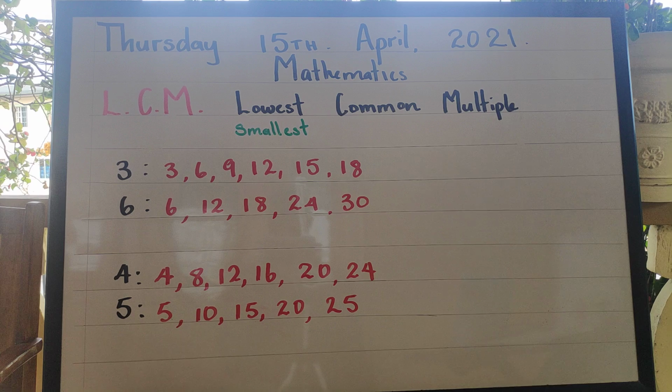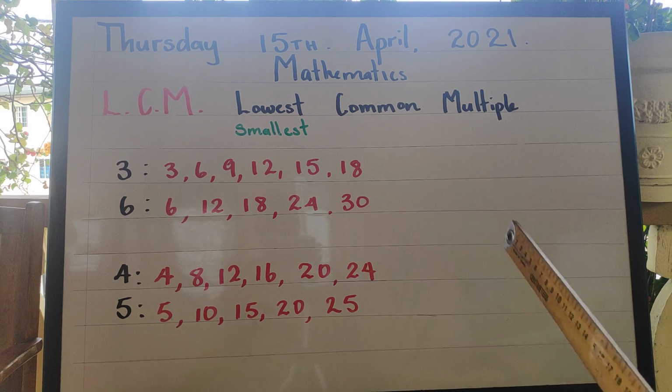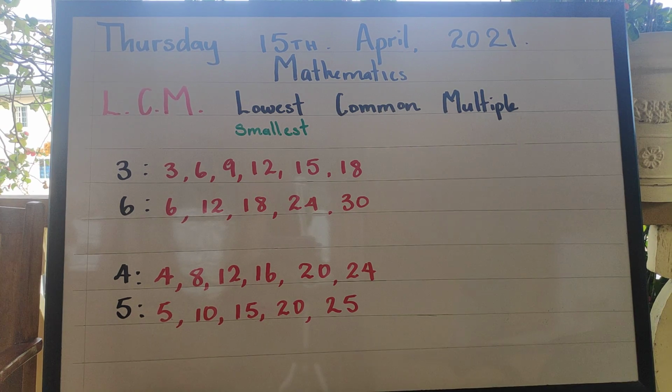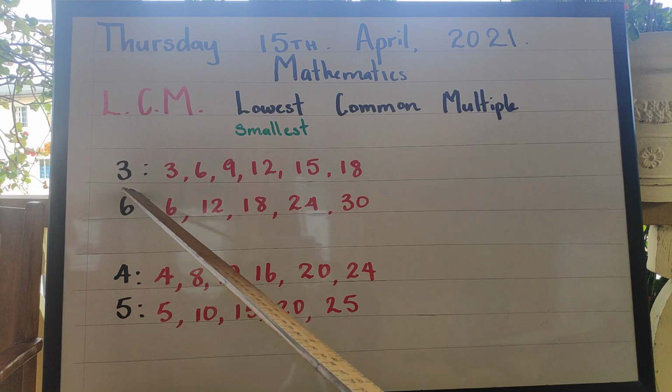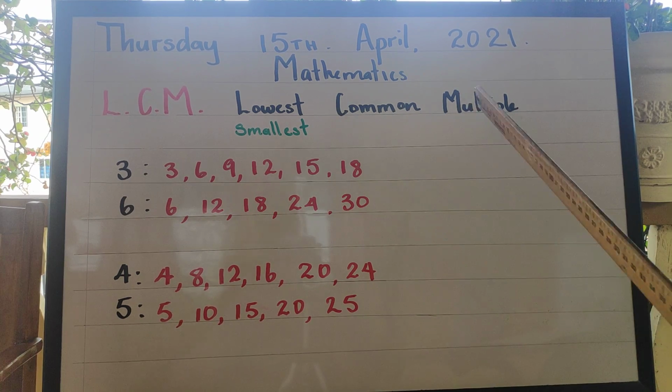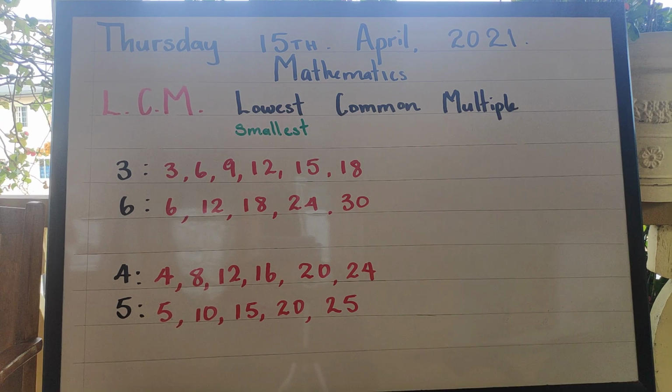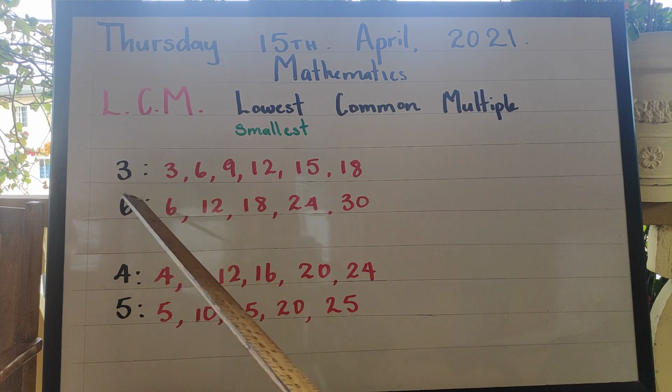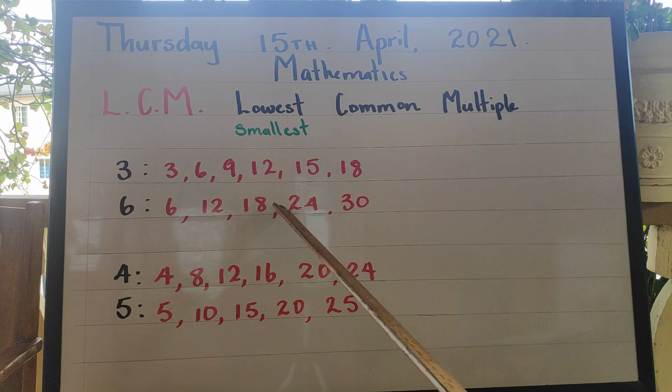So let's look at the multiples of 3 and 6. Remember, every number is a multiple of itself, so we start with 3, 6, 9, 12, 15, 18. We could stop there. Multiples of 6: 6, 12, 18, 24, 30.